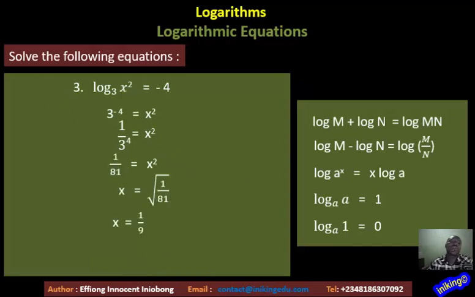So that's it. For the first 3 questions, you can see how the laws of logarithms combined with our knowledge of indices has been used to solve 3 logarithmic equations easily. By the next slide, we'll take questions number 4 and number 5.